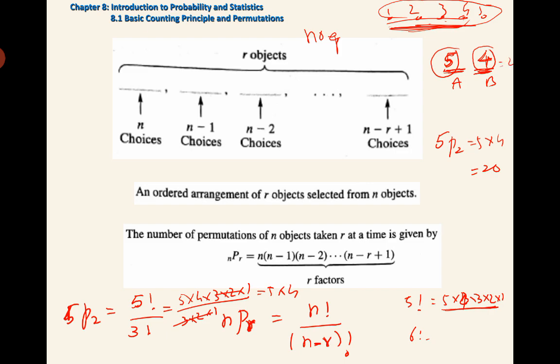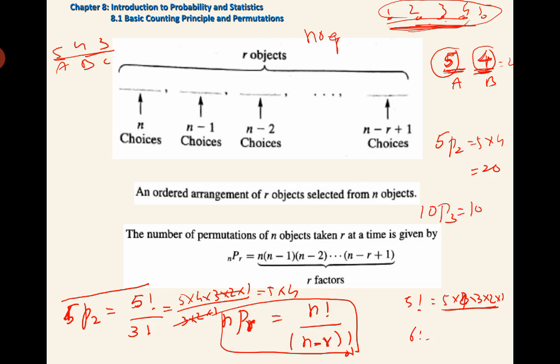This is the way. So if I have 3 places A, B, C, you can say 5, 4, 3. It is reducing. So that is what is given by this formula, nPr. You don't need to use this formula directly. If I ask 10P3, you can write 10 into 9 into 8, 3 terms down, isn't it?